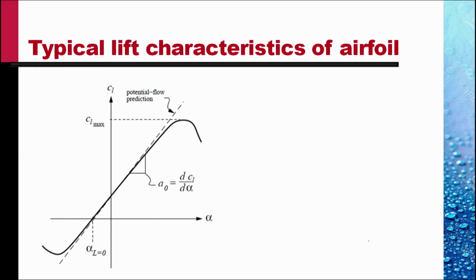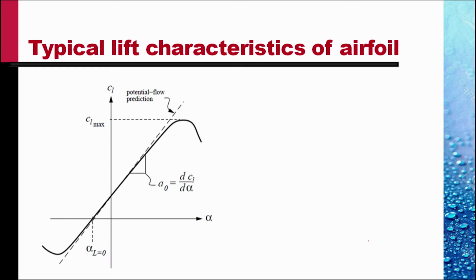And the lift coefficient, which is defined as the lift force per unit length of the airfoil divided by 1/2 rho v square times the chord of the airfoil, is the non-dimensional lift. Over quite a bit of range, this is a straight line with almost a constant slope.